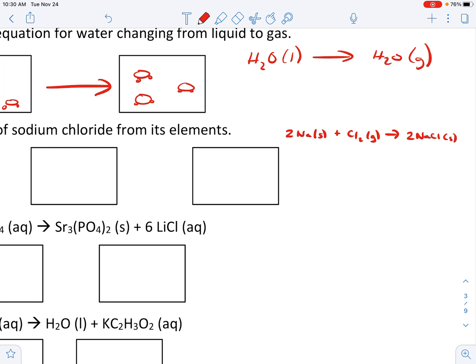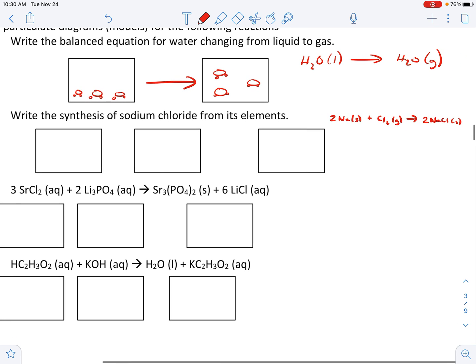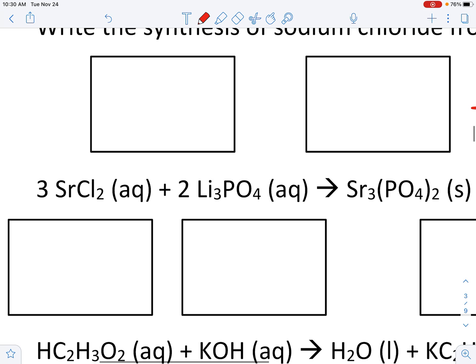Okay, so if we look at our little graphic here, we need something to represent Na, and we want it to be a solid, so I'm going to use triangles to represent Na. It is 2 triangles. They are their own shape. They aren't taking the shape of the container. It is solid. Boom.